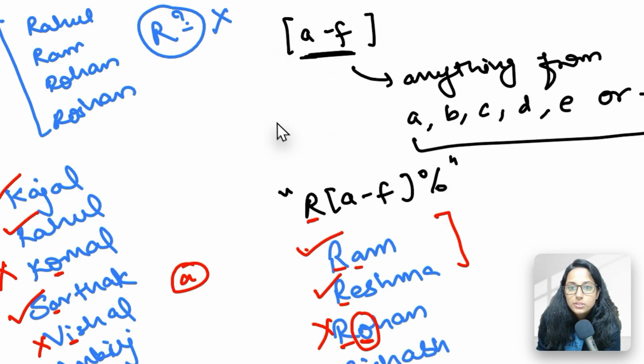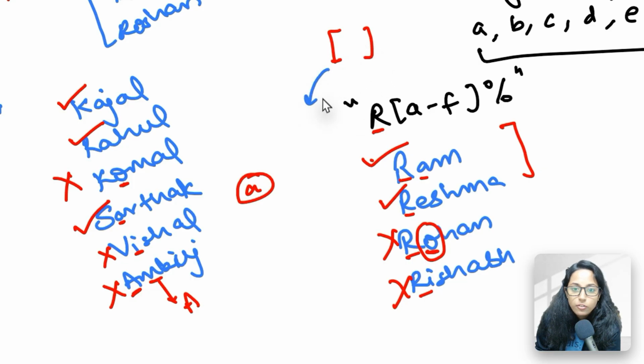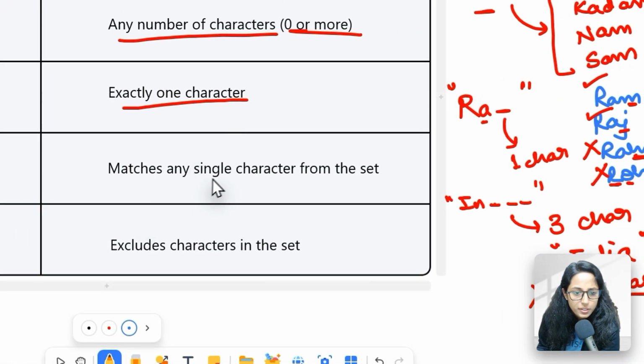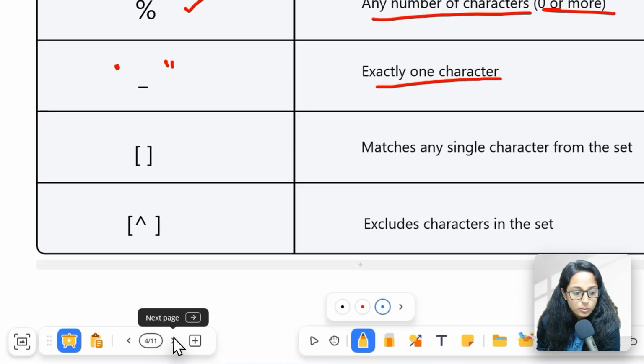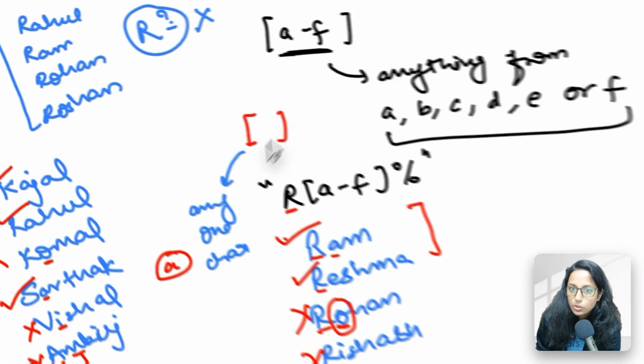So we use this bracket when we want to compare against any one character. Here we have also mentioned it matches any single character from the set. Any single character from the set can be considered, and the symbol is also like a set, so that's what we call it.